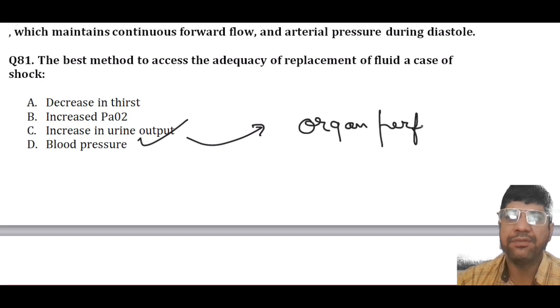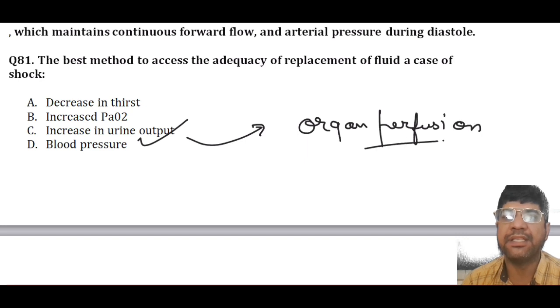In case of shock, maintaining or increasing urine output is a positive sign that the circulatory system is responding to the fluid replacement. Urine output is a practical and reliable method to monitor the response to fluid replacement in shock, as it represents overall kidney function and organ perfusion.